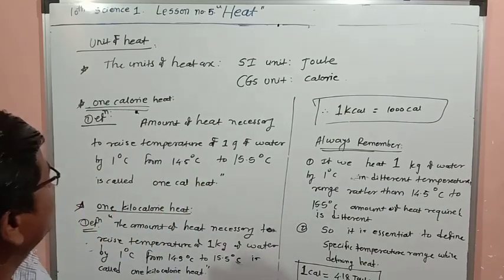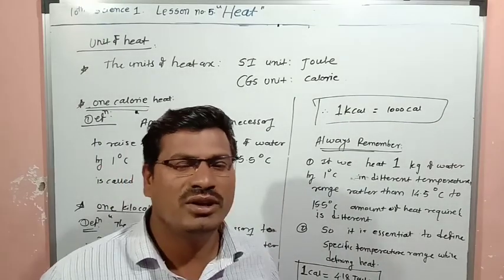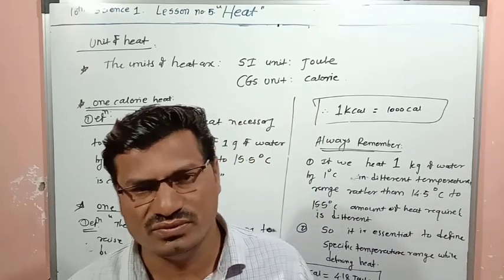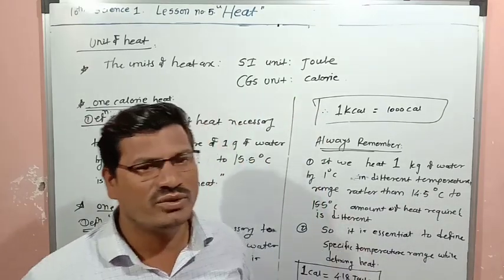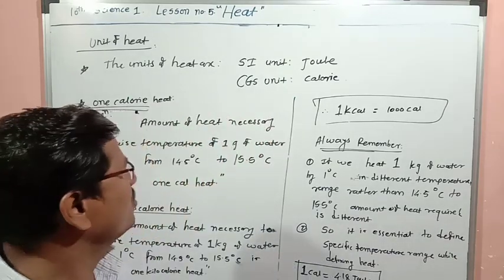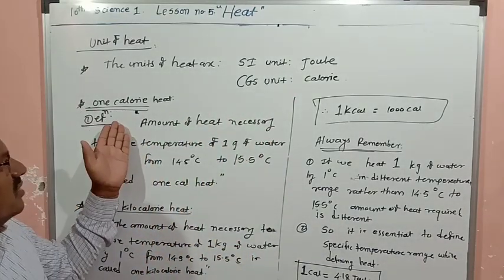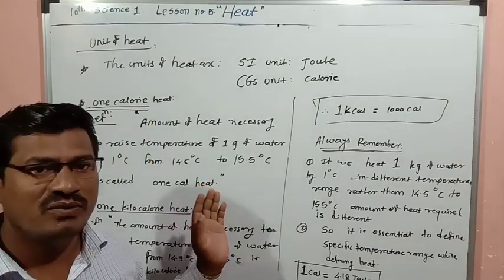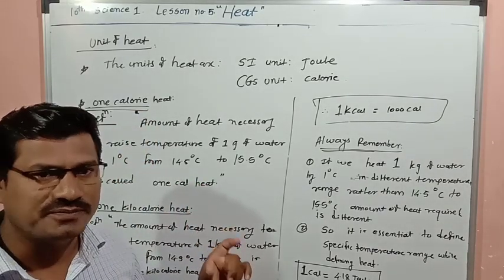So again we have to do the definitions of 1 calorie and 1 joule. What do you mean by calorie and what do you mean by joule? First is the definition of 1 calorie heat.